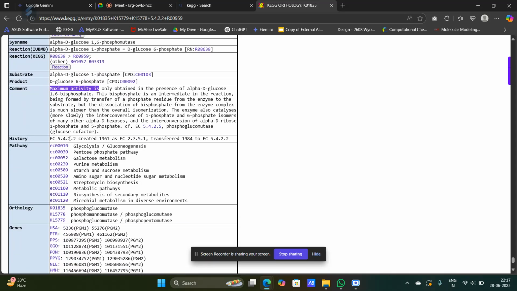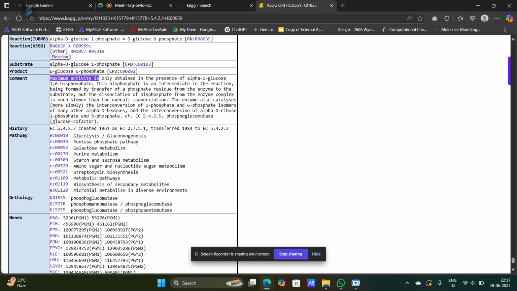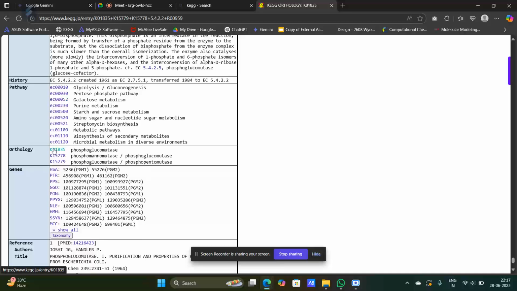And then you have some enzyme history. This is nothing but, today we have, let's say, 10,000 enzymes that we know. In future, because of scientific research, scientists identify more enzymes. Let's say they identified 10,000 more, so totally there are 20,000 enzymes. In that case, the 20,000 will again be classified based on whatever they have.